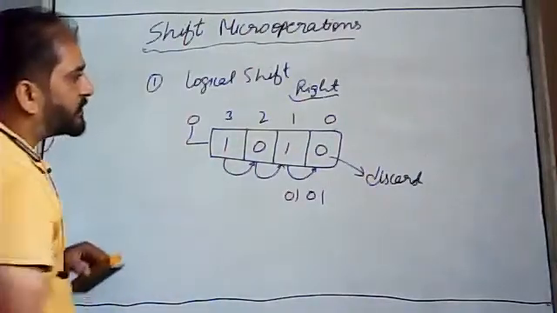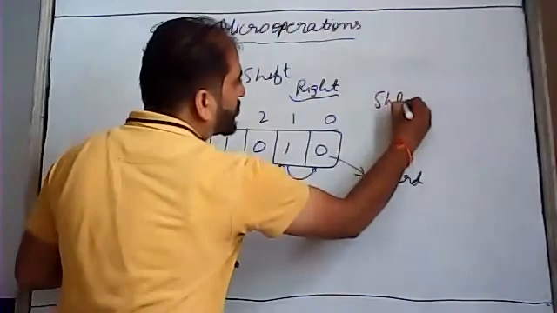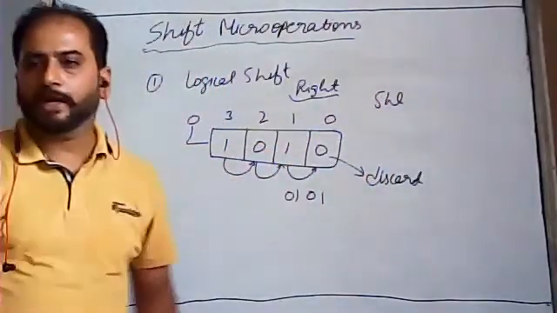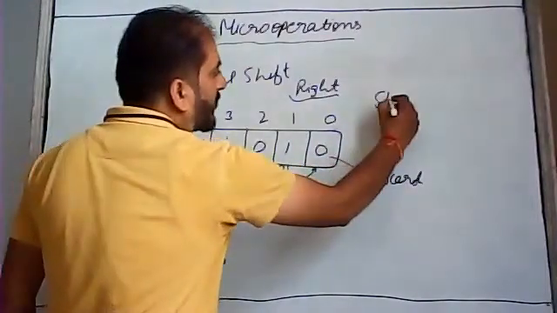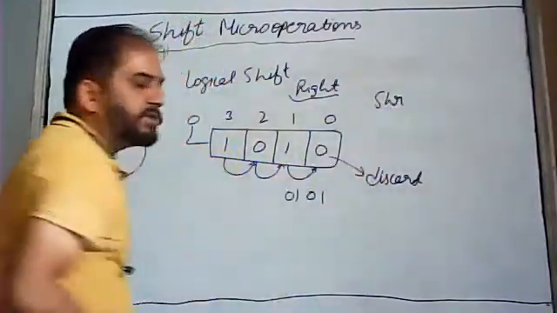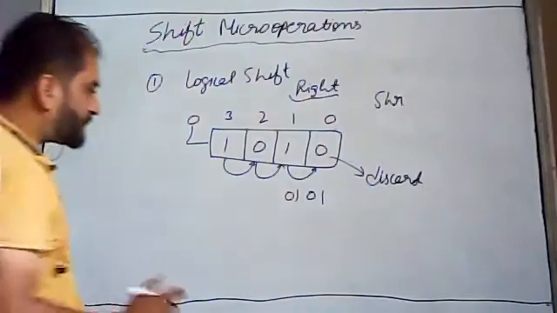For this we use the symbol SHL. SHL means logical shift left. SHR means logical shift right.